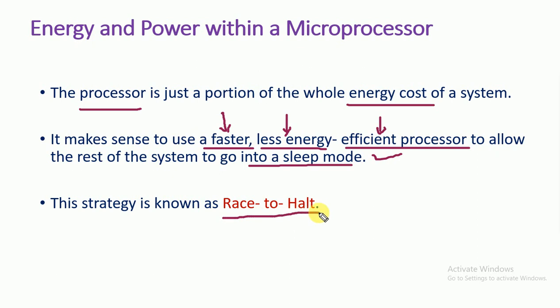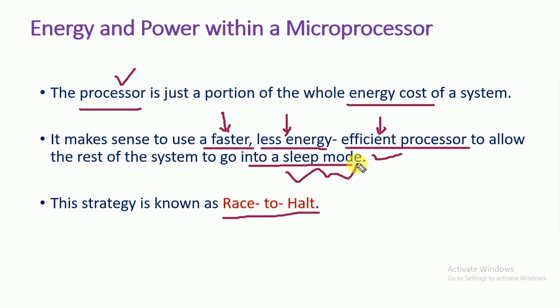Race to halt means we give importance to the processor alone by keeping other parts of the system in sleep mode. As the processor is a major element of a computer system, we should give it importance. We judge the speed of the system by looking at the speed of the processor and the clock rate required.